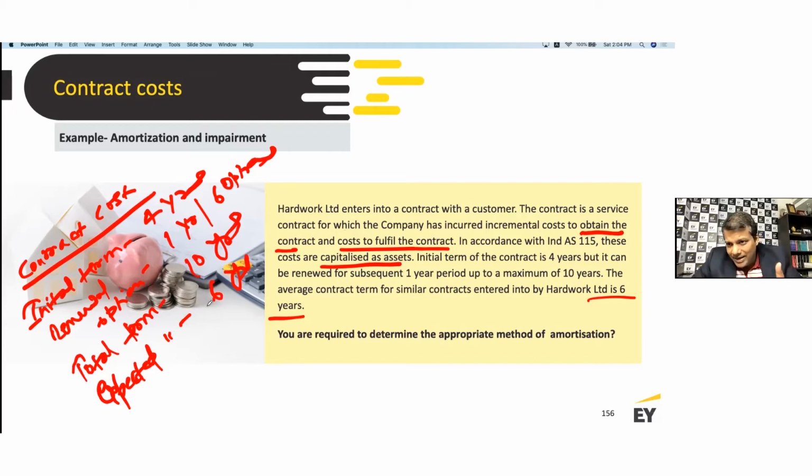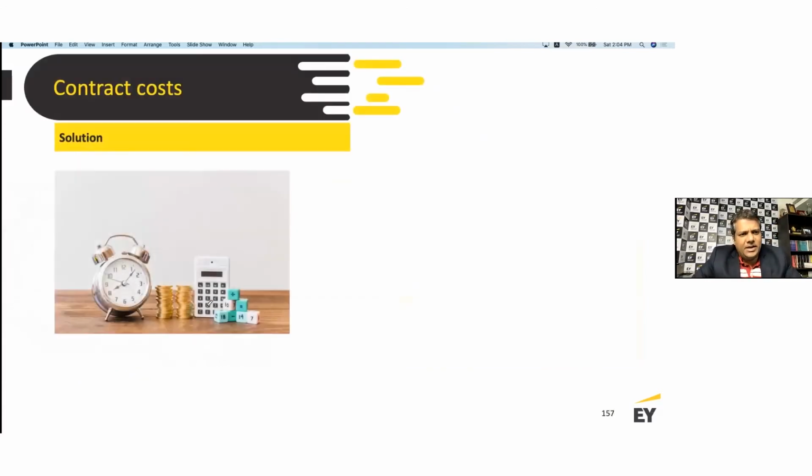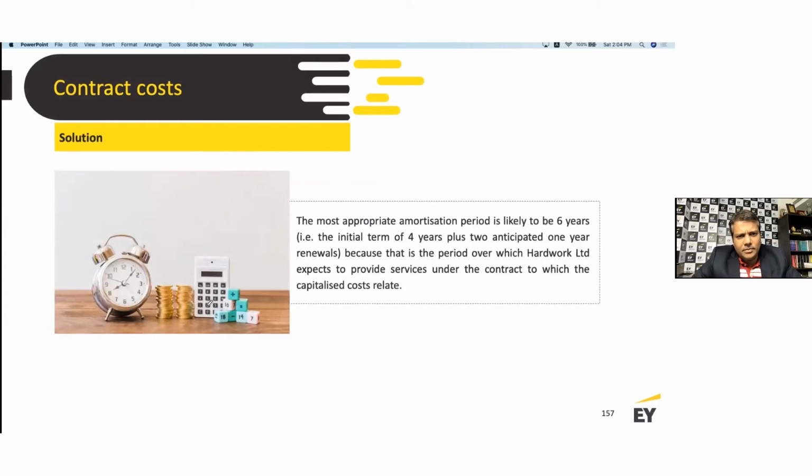So essentially, I'm going to look at this cost being capitalized. What's the useful life? The useful life is 6 years. I'm going to amortize it over a period of 6 years. That's the period over which Hardwork Limited expects to provide services under the contract to which the capitalized cost relates: 4 years plus 2 anticipated 1-year renewals, because that's the information being provided.